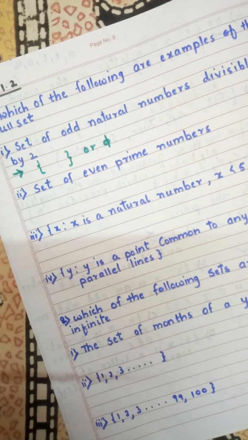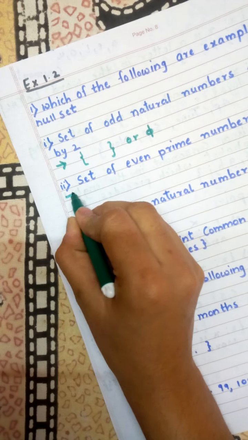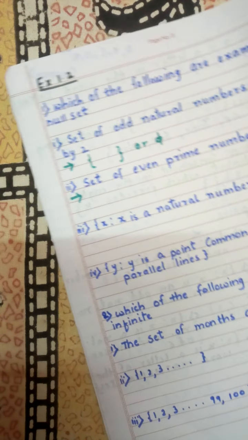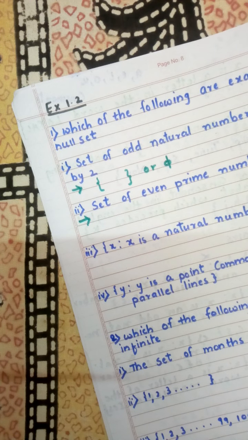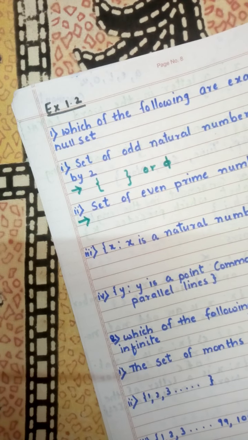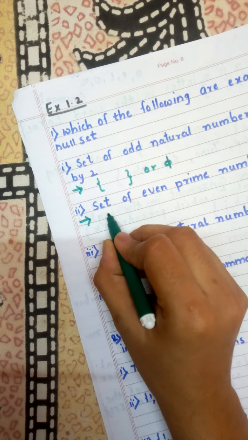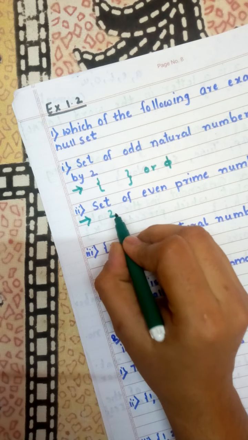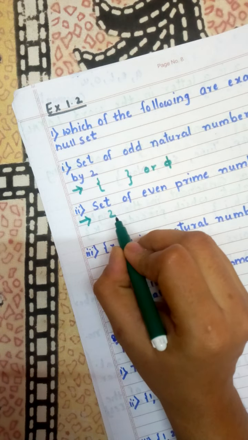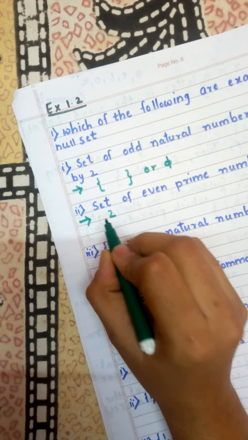Now the second is the set of even prime numbers. This cannot be empty. Prime numbers are those divisible only by itself and 1. Suppose we take 2. 2 is divisible by 1 and it is also divisible by itself. This is a prime number and also an even number.